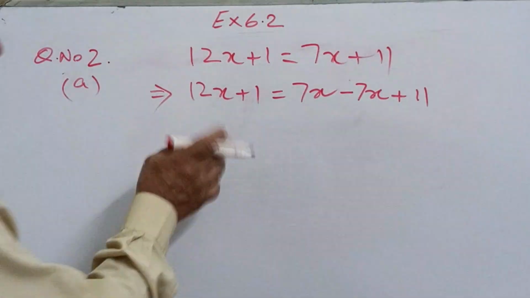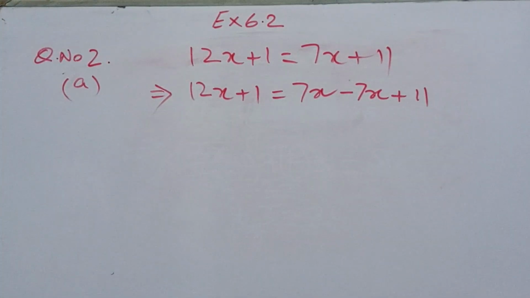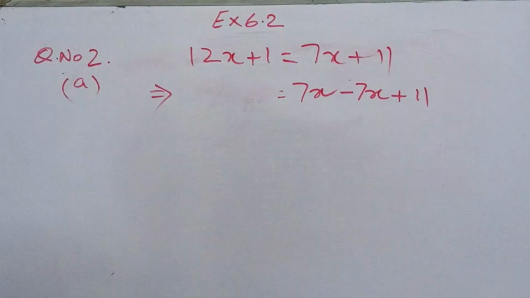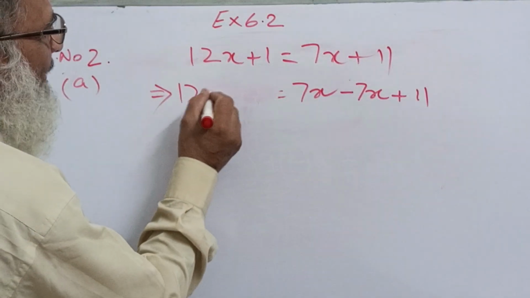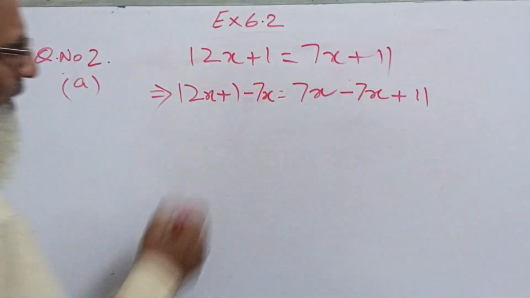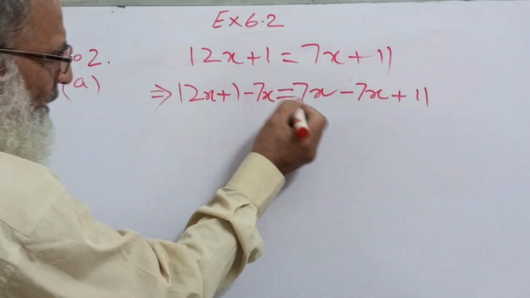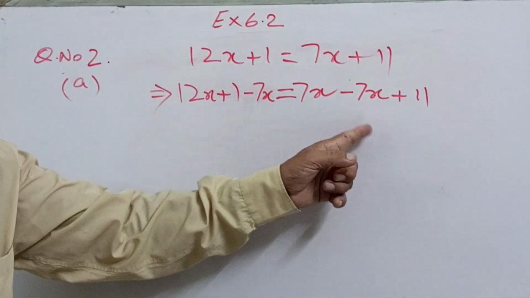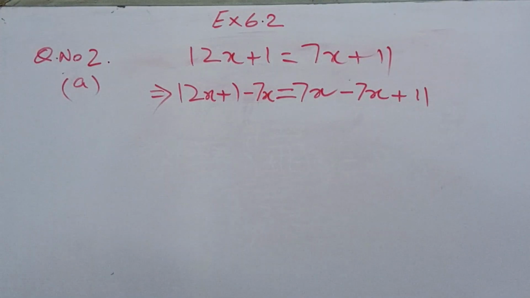So in fact, we have to do it like this: 12x plus 1 minus 7x over here, and then the sign of equality. Now this is complete, because we have disturbed the given equation. So this has been eliminated from the right hand side, and it has come to the left hand side.